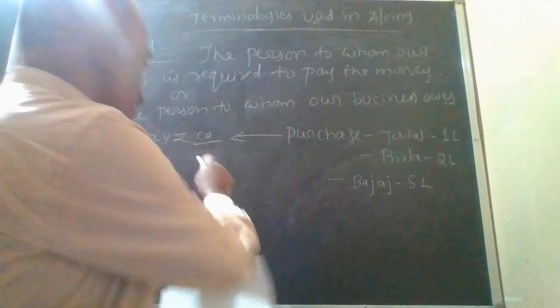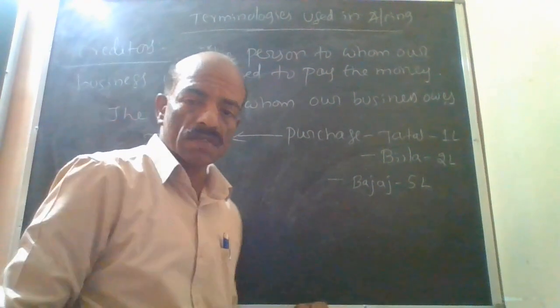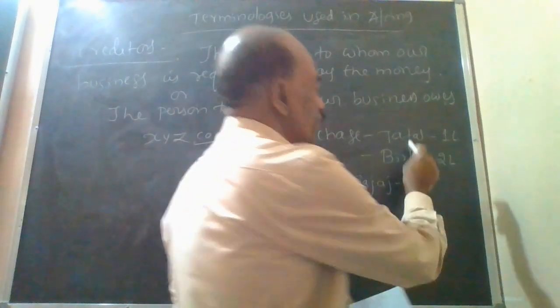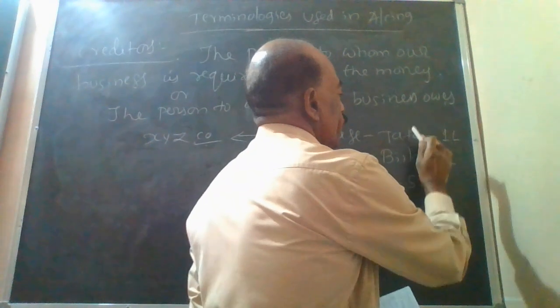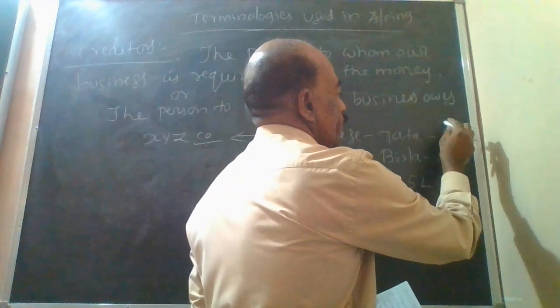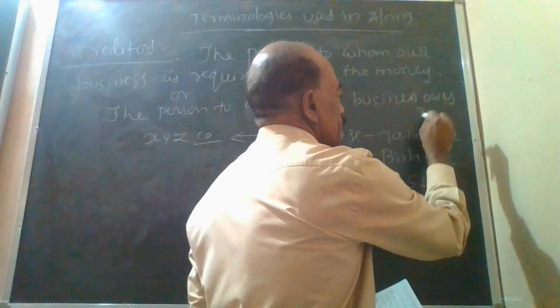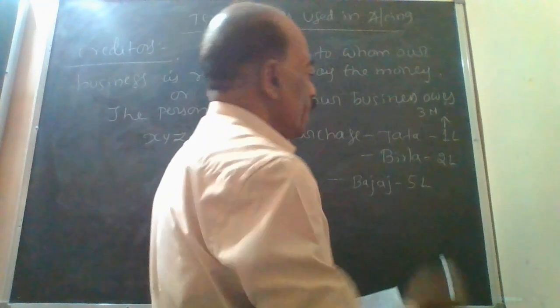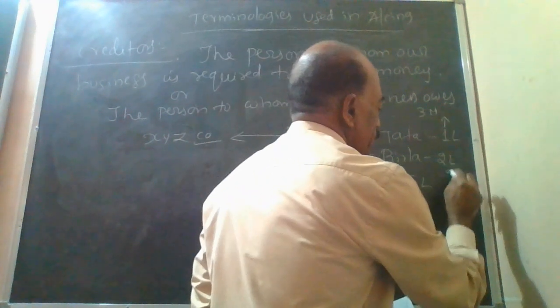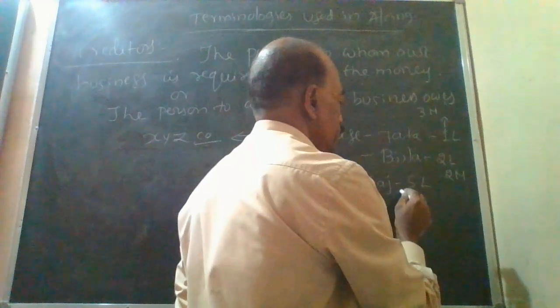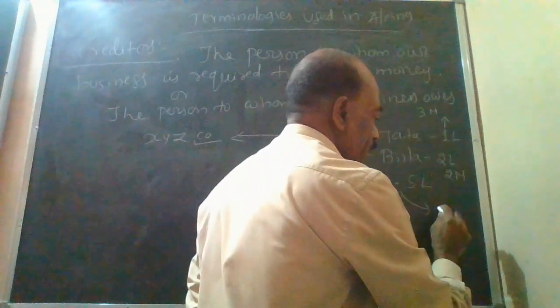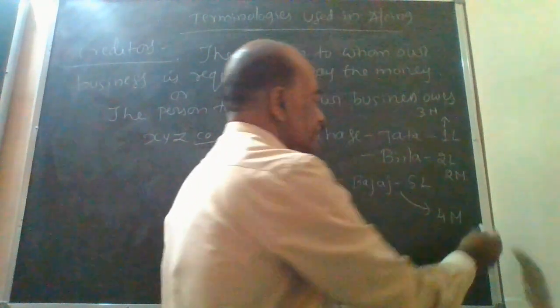We are going to purchase the goods on credit basis from Tata company. For Tata, we say we are going to make the payment after 3 months. For Birla, after 2 months. For Bajaj company, after 4 months.